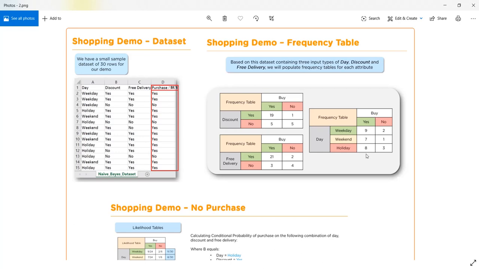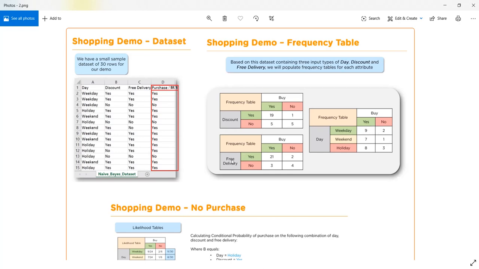Similarly, the number of observations where the day is holiday and there is a purchase is 8. You can see here, the day is weekday and there is purchase, yes, so this is one weekday purchase, yes. So the frequency is 2. Weekday, no, I will not count it. Weekday, yes, the count is 3. Likewise I have counted and added. When I add all of this up, 9 plus 7 plus 8 plus 2 plus 1 plus 3, there will be 30 observations.